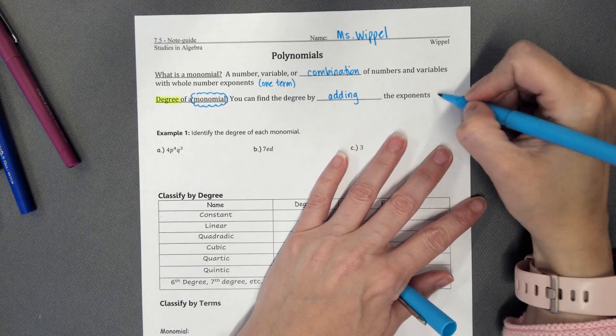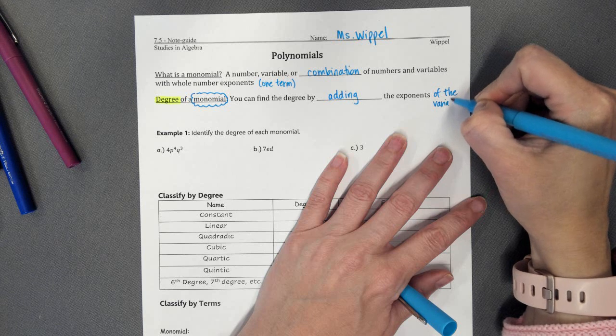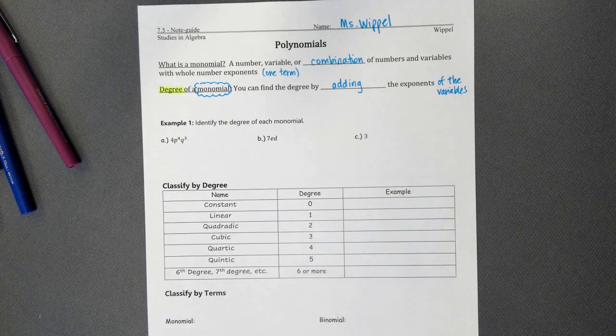It's the exponents of the variables only. So if there's a number, it's not of the number, it's only of your variables. Alright, so we're going to do the first one together.